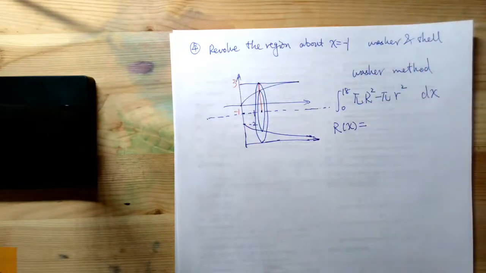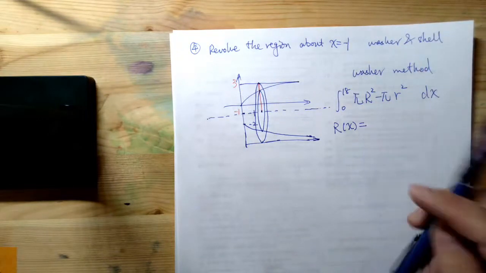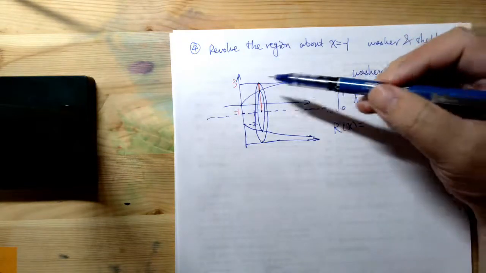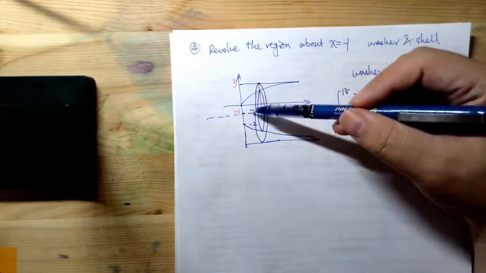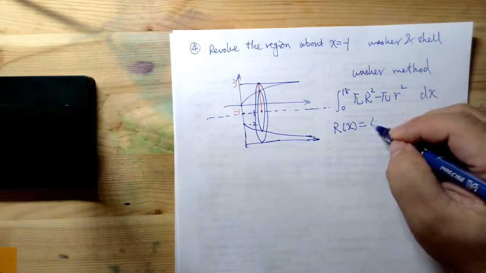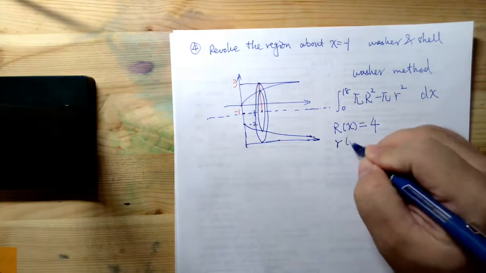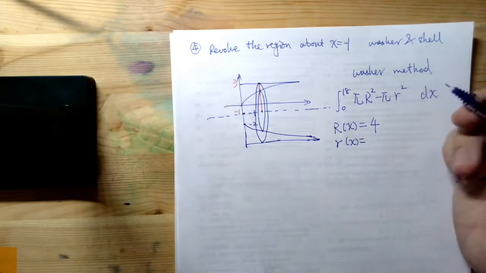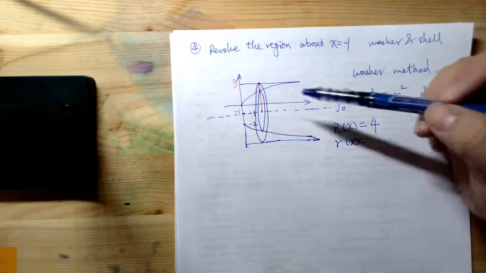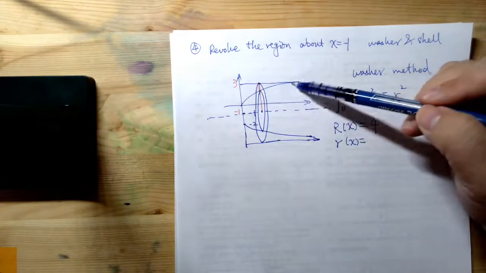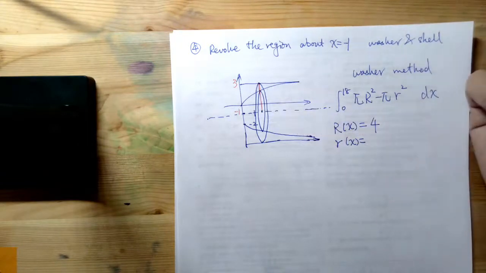So as you can see that the radius, the capital R radius, which is the distance between y equals 3 and y equals -1, turns out it's 4. Okay. Similarly, our small r of x, which is going to be the difference between this and y equals -1.